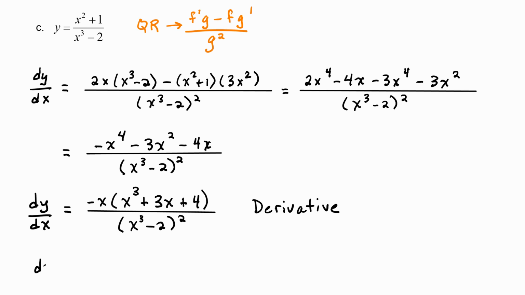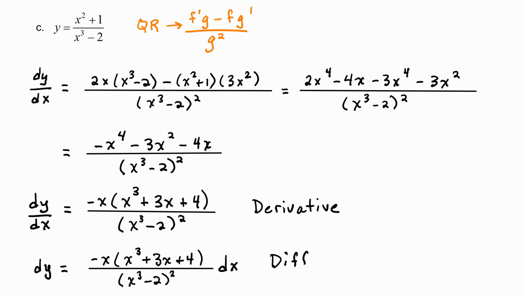So then we would have dy is equal to negative x times x cubed plus 3x plus 4, close that parentheses, and then in the denominator we have quantity x cubed minus 2 squared, and remember this dx had to get multiplied up, so the dx goes here on the end, and this is the differential form.